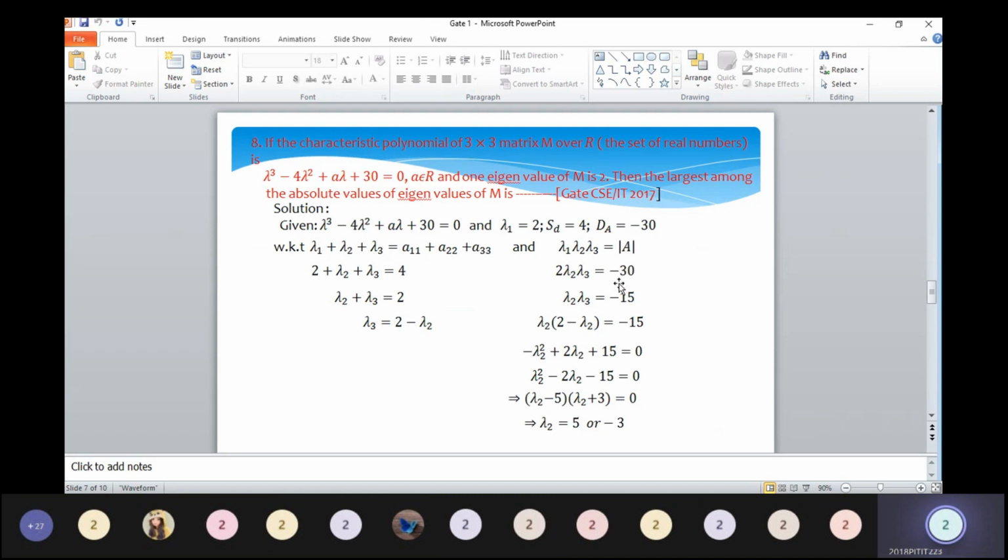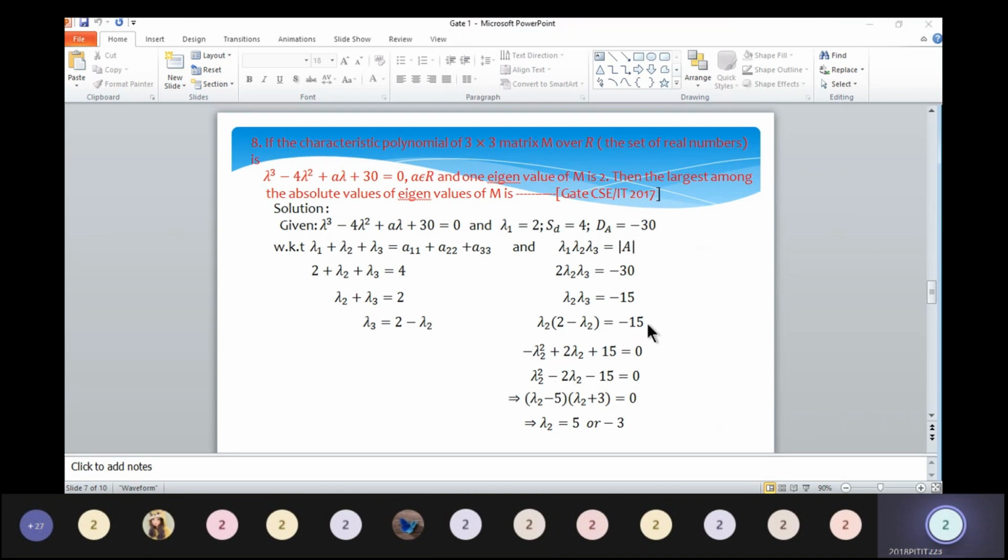Substituting, lambda 1 is given, one of the eigenvalues is 2. Then lambda 2 times lambda 3 is minus 15. Instead of lambda 3, we substitute using the sum of the eigenvalues equal to the sum of the main elements. From that, 2 goes there, 4 minus 2 is 2, so 2 plus lambda 2 plus lambda 3 equal to 4, and lambda 3 equals 2 minus lambda 2.